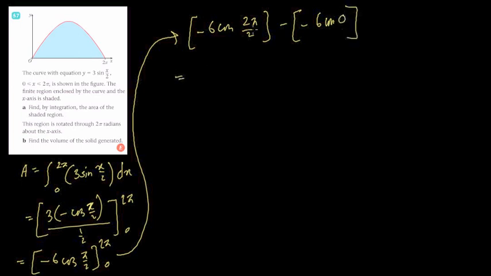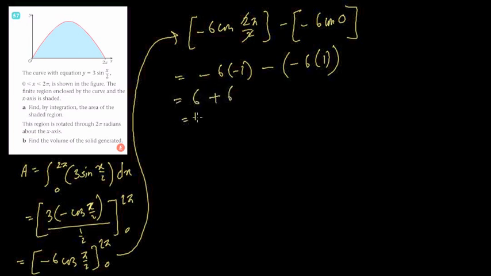So this 2 cancels, cos pi, so minus 6 cos pi is minus 1, minus cos 0 is 1. Remember from C2, cos 0 is 1 and cos pi is minus 1. So 6 plus 6 equals 12. That's the area. This is question number A.